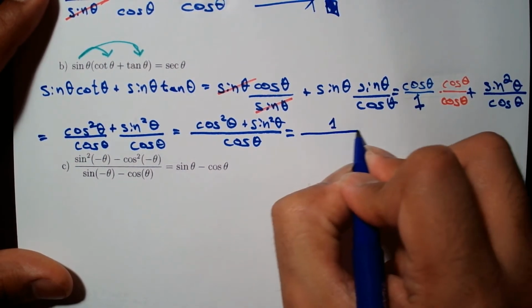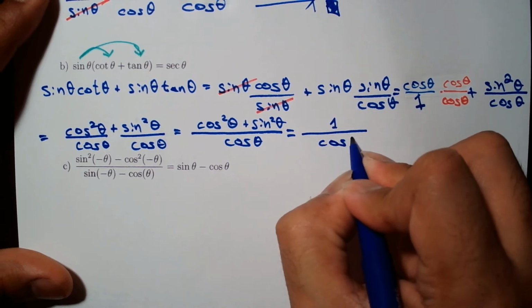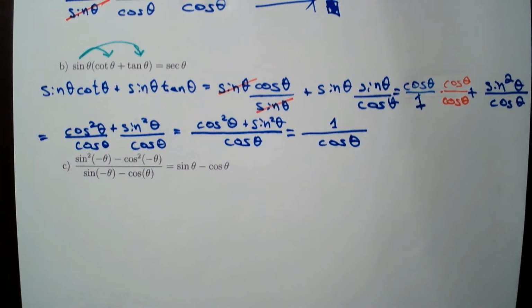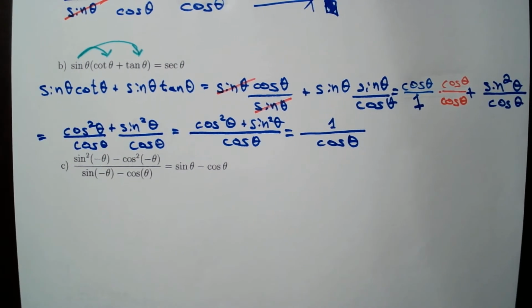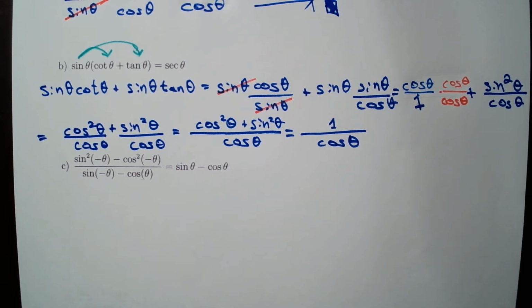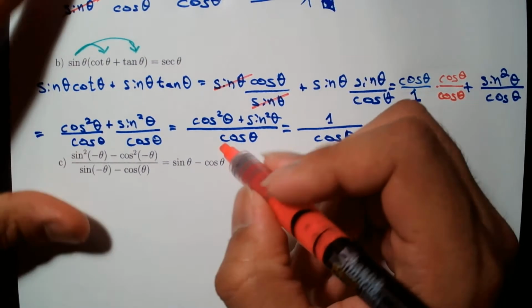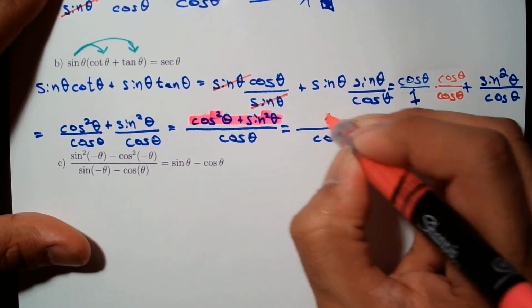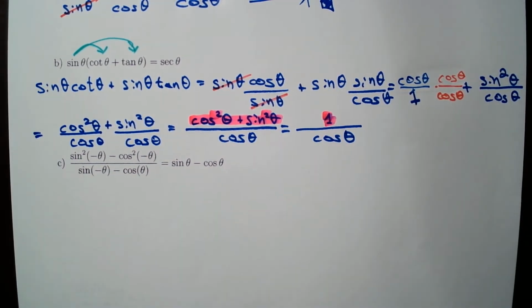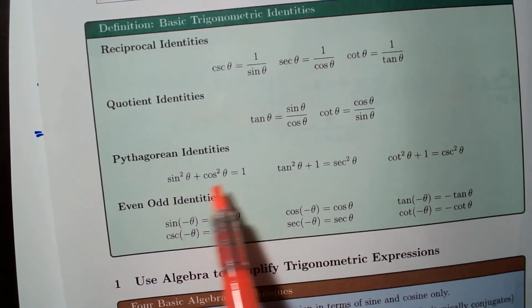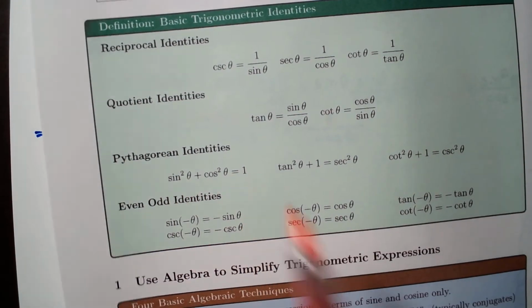So 1 over cosine, and let me highlight what I am doing: this is being replaced with 1 by this identity here.